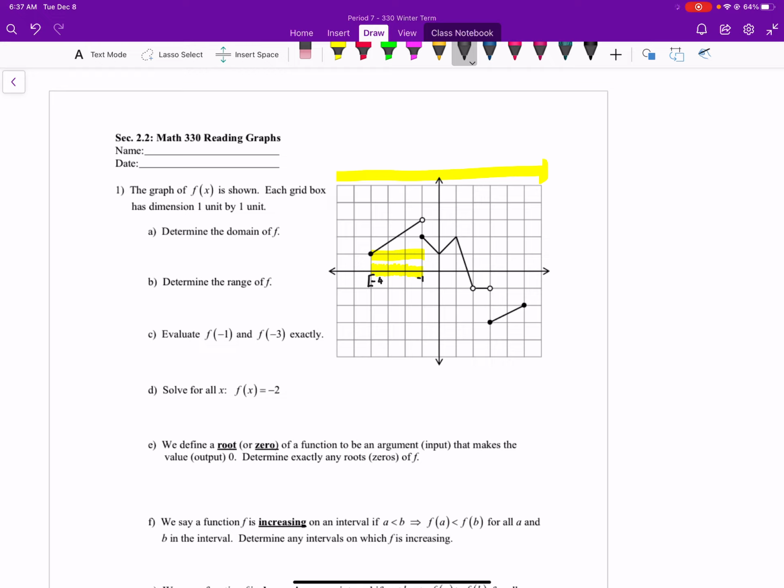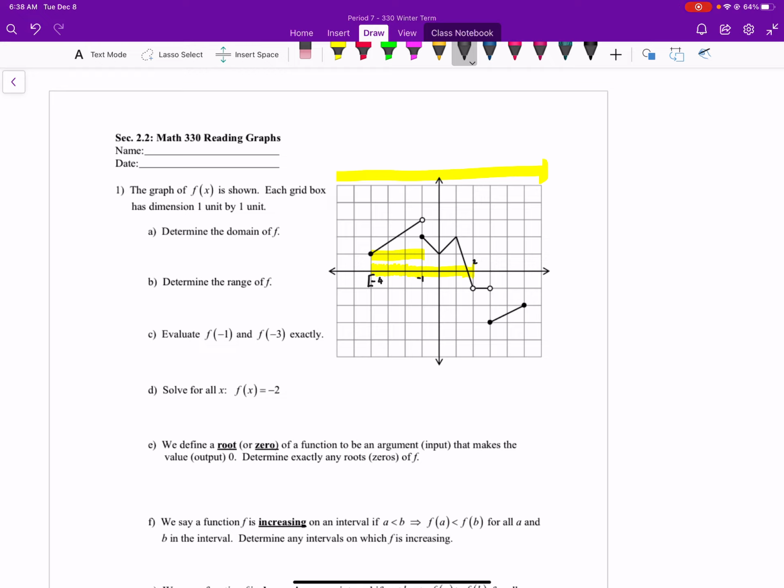I'm going to keep continuing, because I have the ability to keep going on. For each x, I can see a corresponding y until I reach 2. At 2, I have an open circle, so I have to jump off from that 2 to continue.